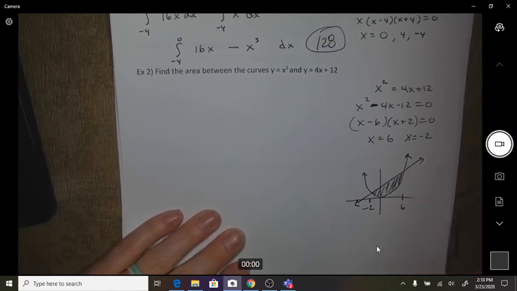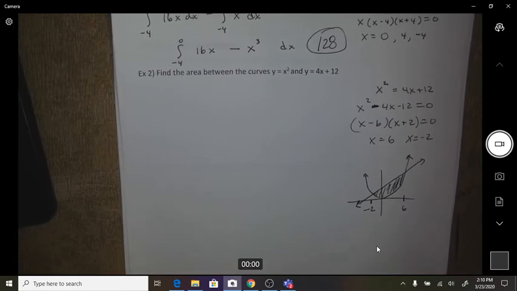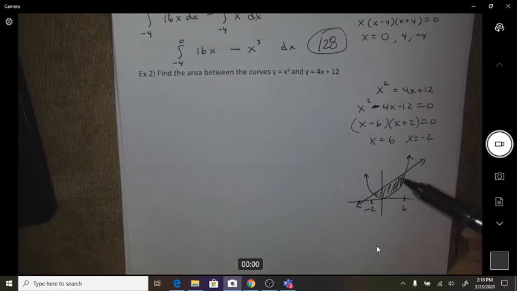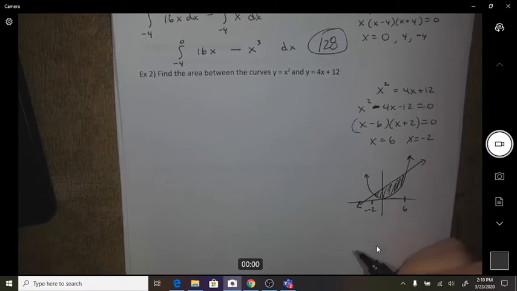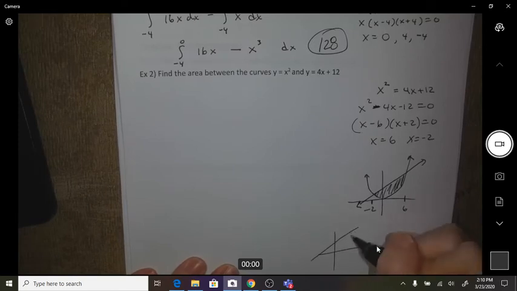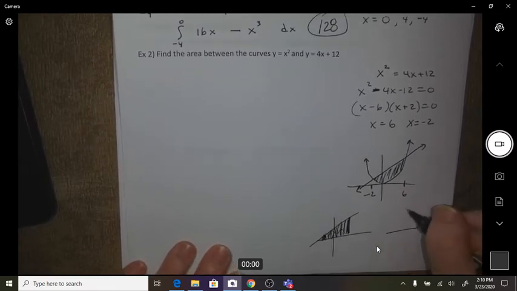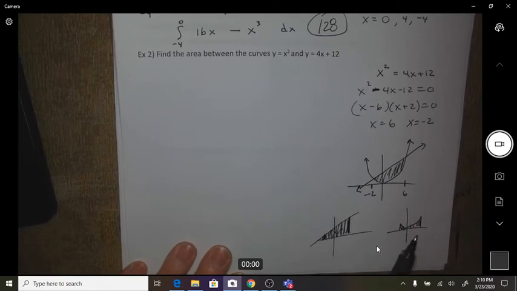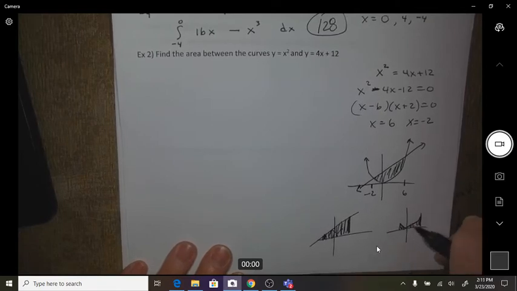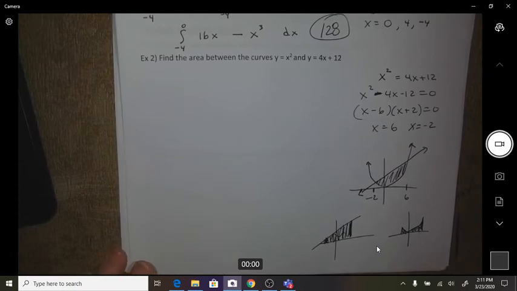So we're trying to find that area. Okay, so I'm going to take the whole area under the line from negative 2 to 6, and then I'm going to subtract that. So you can see that that subtract that idea is what's going to get me what's between.